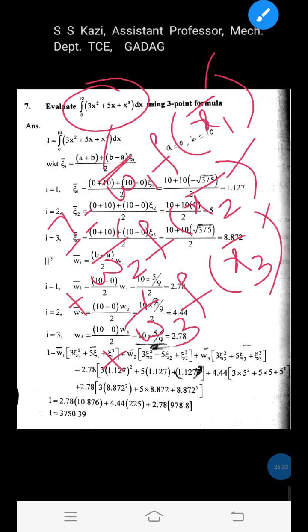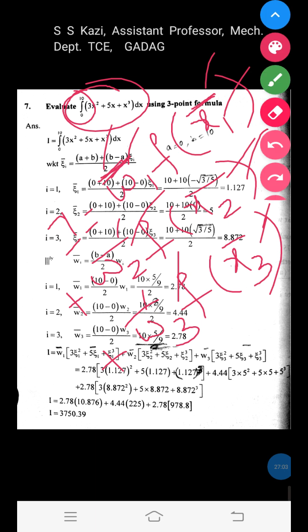We have used the bar over the top of w and x. This represents the interval a to b, other than the interval -1 to +1. Otherwise, if the integral is having the interval -1 to +1, then we will use simply w1, w2 and so on, x1, x2 and so on. w1 bar, w2 bar, w3 bar are the weighting functions or sampling weights. x1 bar, x2 bar, x3 bar and so on are the sampling points.